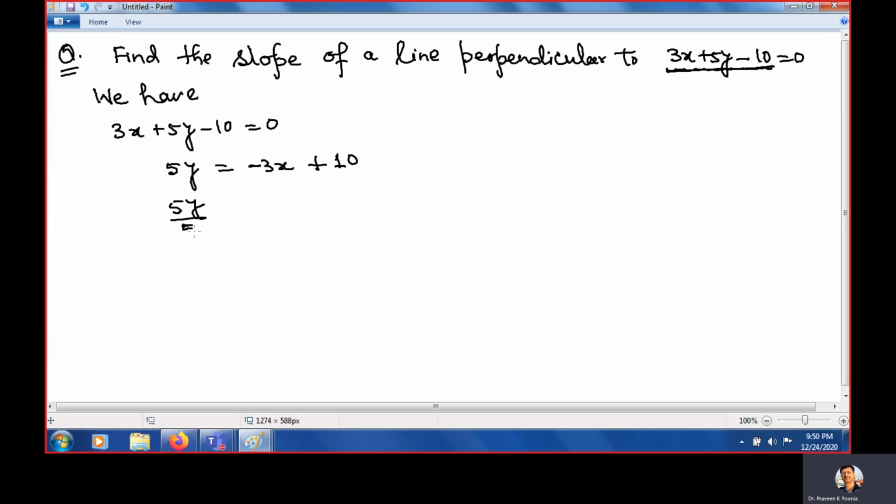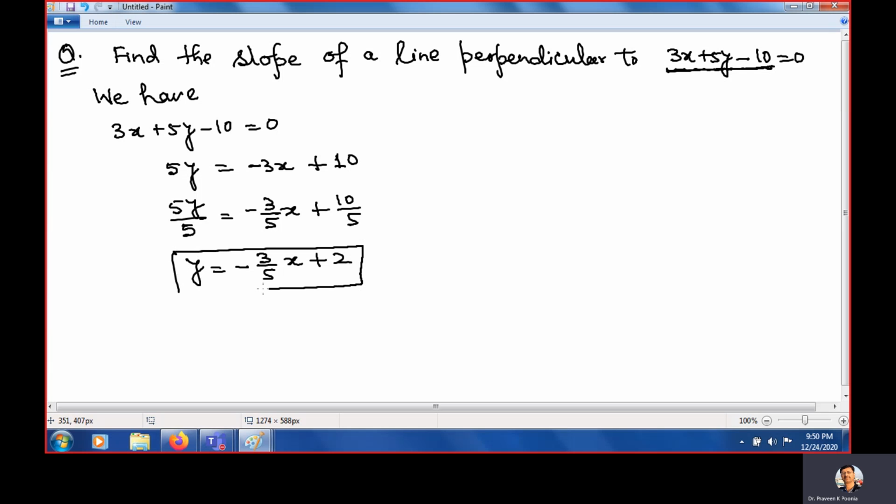So 5y by 5 equals minus 3 by 5 x plus 10 upon 5. The 5 cancels the 5, so y is equal to minus 3 upon 5 x plus 2, since 10 divided by 5 is 2. This is the standard form of the equation. So what is the slope of it? Let the slope be m1, and the slope is minus 3 upon 5.